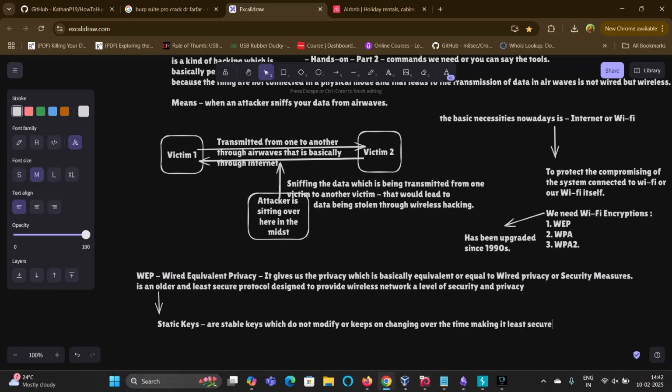Because if the key is not getting changed, the keys can still be reused, which can lead to Wi-Fi hacking or wireless hacking.